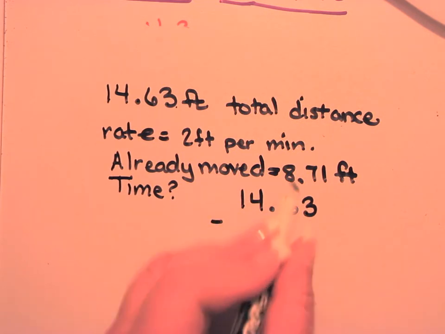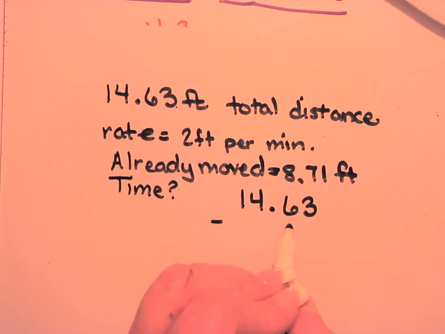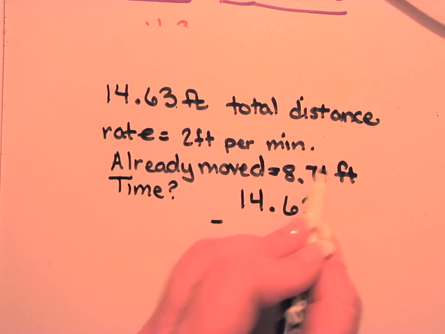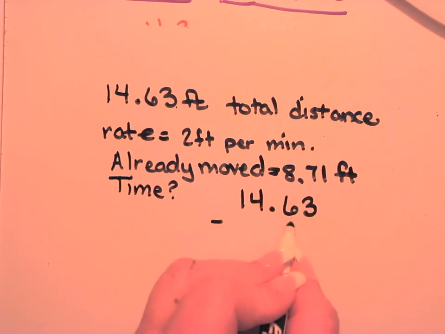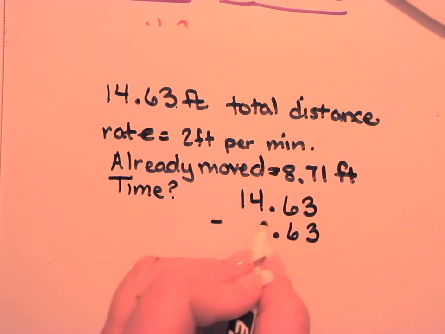So if I'm going to change this number here, I want to change it to something so I don't have to do any regrouping like I did on that other problem. So 71 is pretty close to 63. So I'm going to change that 71 to 63. We're going to leave the number before the decimal point the same.